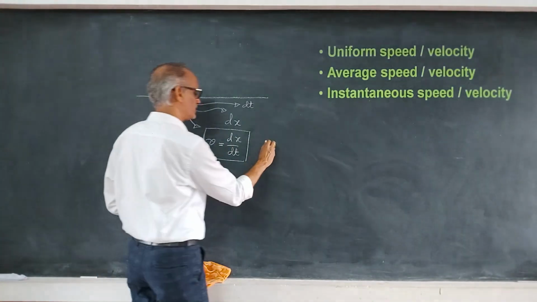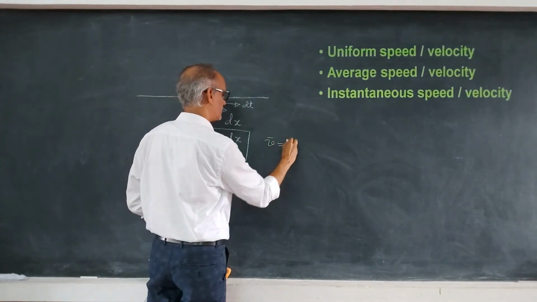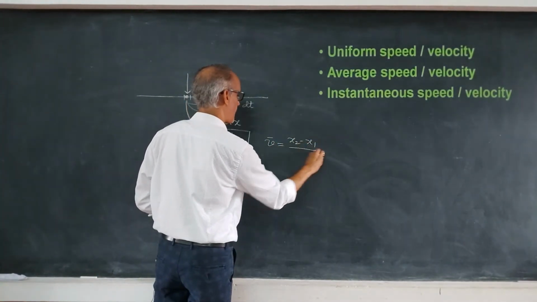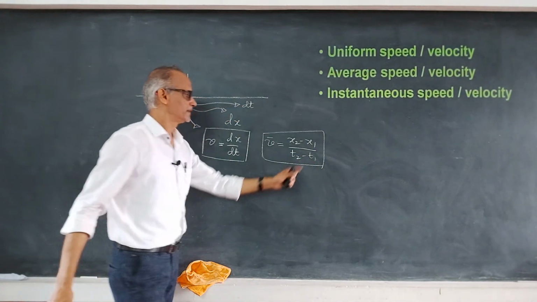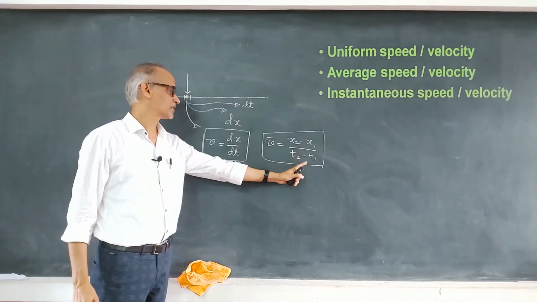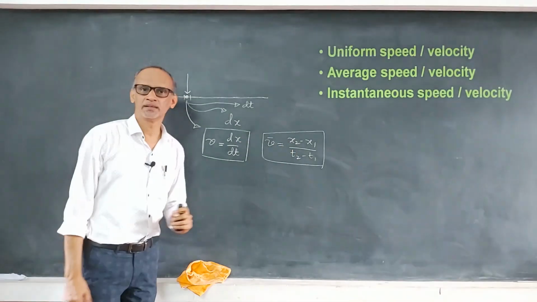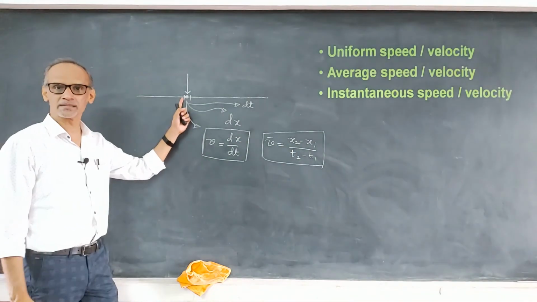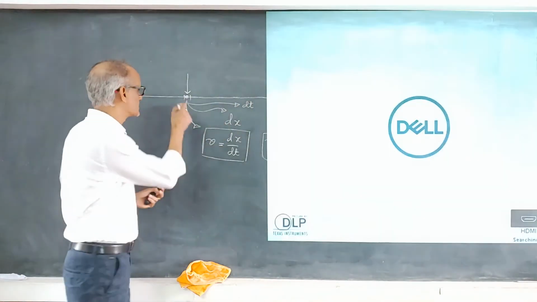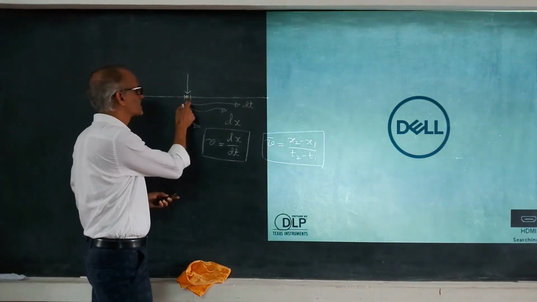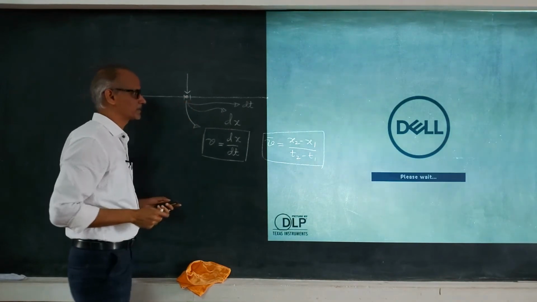See, for average we measure like this, right? V bar is equal to x2 minus x1 by t2 minus t1. Initial position, initial time. Final position, final time. But for instantaneous, we don't use the initial and the final, but instead find what is the time taken for it.